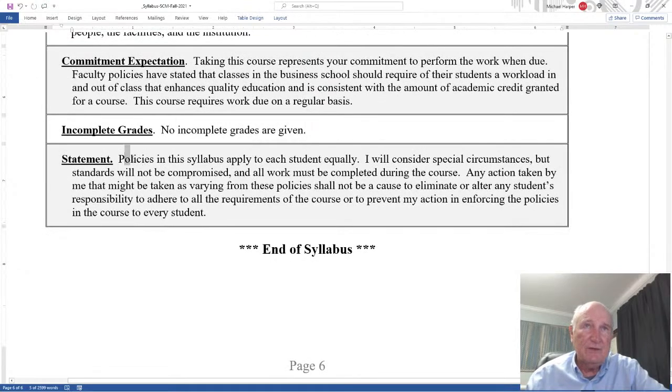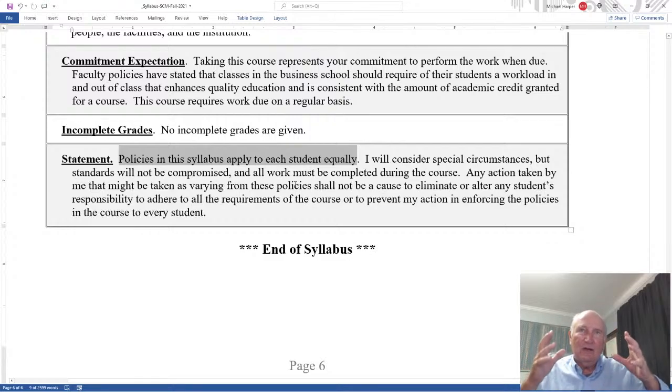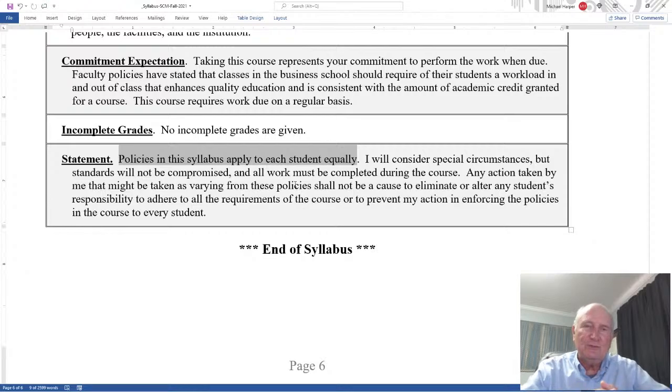The final statement here. Policies in the syllabus apply to each student equally. I started with this, and I'm ending with this. The policies and procedures in this syllabus will apply to every student equally. I will not violate one policy for one student versus another.